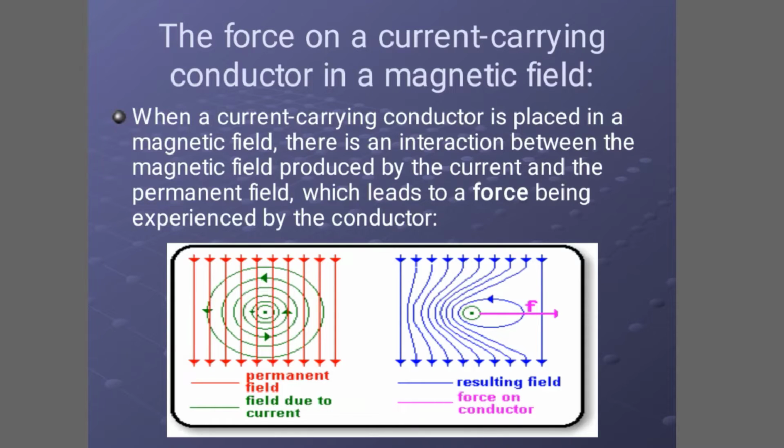In the first diagram, the uniform magnetic lines are falling from up to down. Those are denoted as the permanent field, and the green arrows are the field due to current. In the second diagram, blue denotes the resulting field, and pink is the force on the conductor.